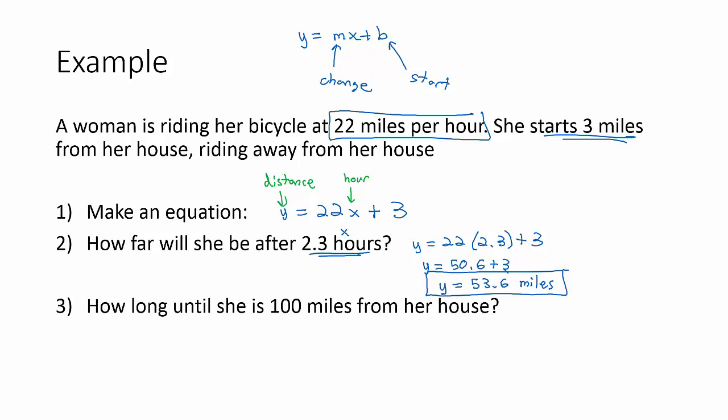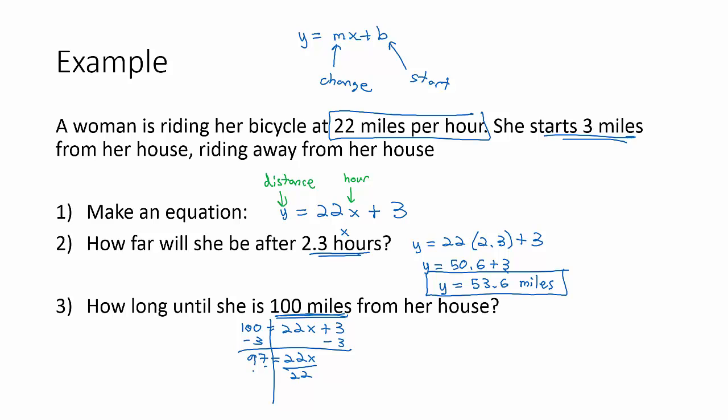Her goal is to ride a century, 100 miles. So how long until she is 100 miles from her house? That distance gets plugged into the y. So 100 equals 22x plus 3. This gives us an equation which we should be very comfortable solving. Subtract 3 from both sides, and we get 97 equals 22x.